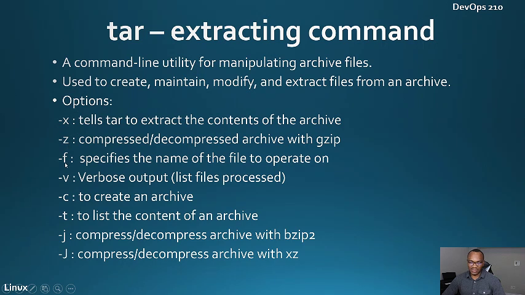Then option f specifies the name of the file to operate on. v for verbose output, to give you more details, list files processed. c is to create an archive. If you want to create an archive, you use the option c. And t to list the content of an archive. j to compress or decompress an archive with bzip2. Capital J to compress or decompress an archive with xz.